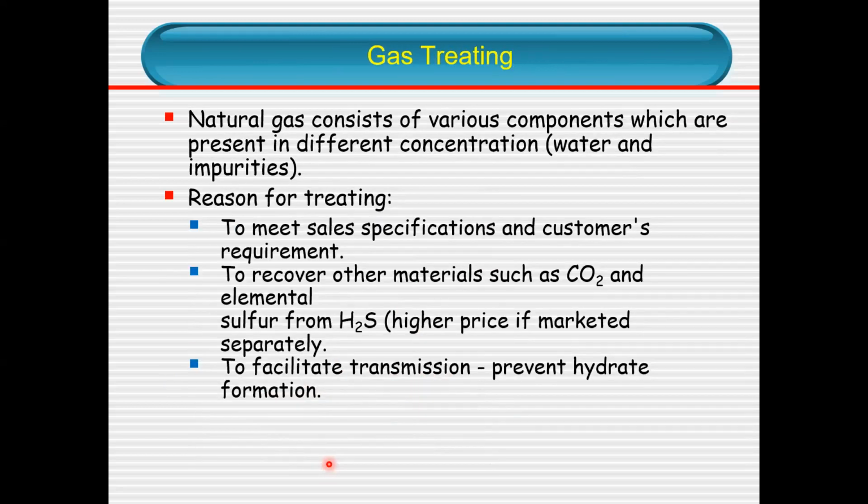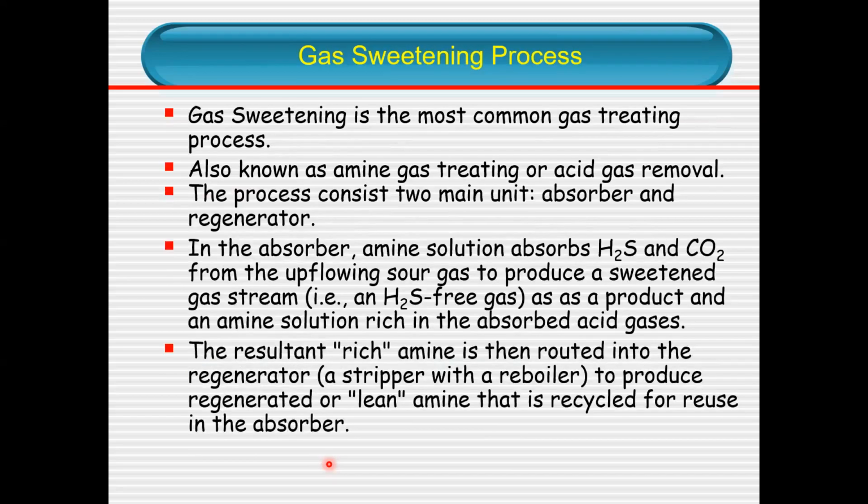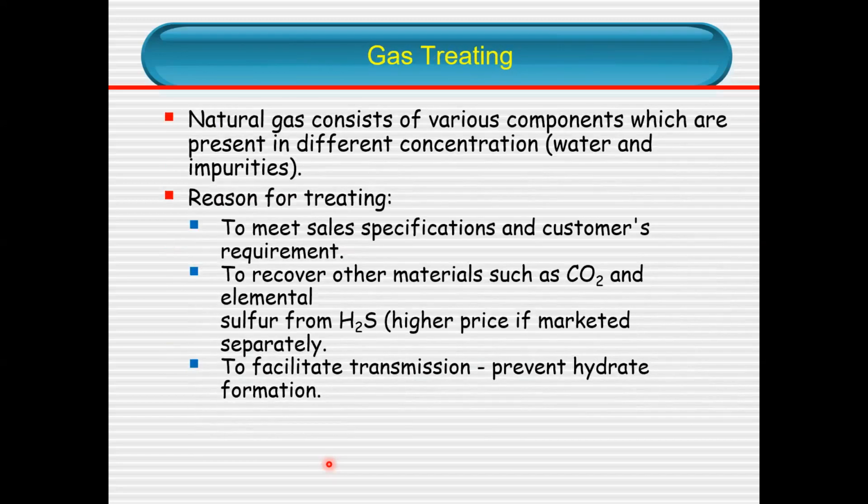Again, for the gas treating, we talked about oil treating just now. We talked about water treatment. Even though you don't need the water, even for you to throw the water, you have to treat it. Now, for the gas treating, natural gas consists of various components which are present in different concentrations, water and impurities. The reason for treating is to meet sales spec. They don't want too much carbon dioxide inside that gas.